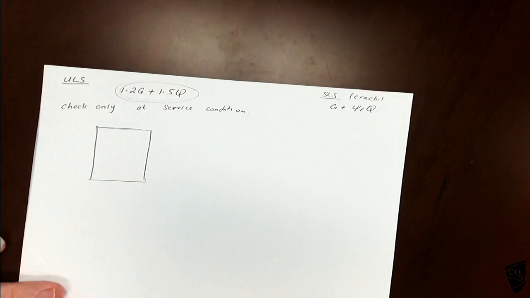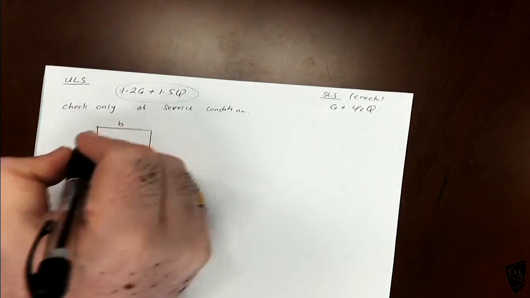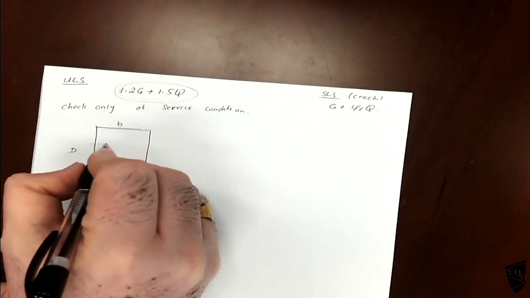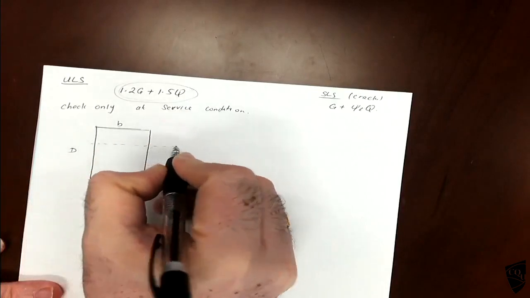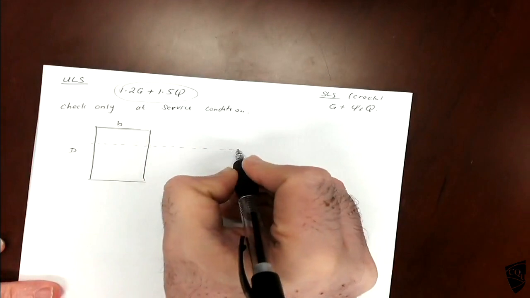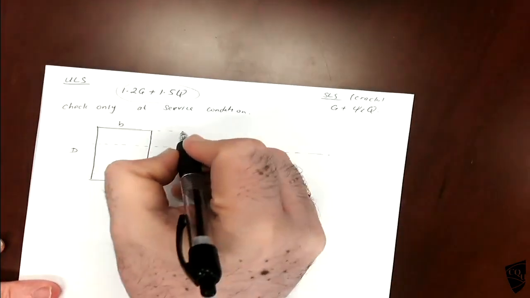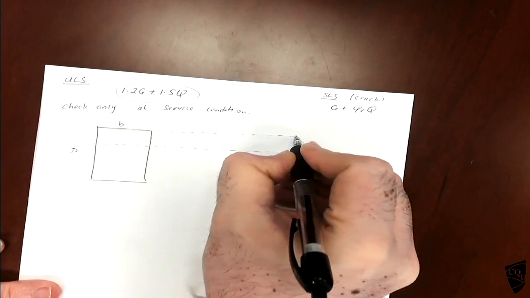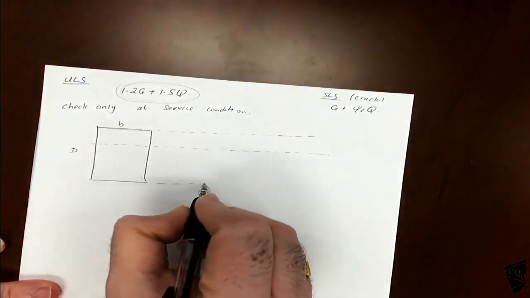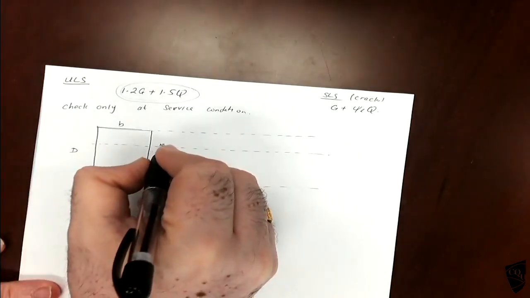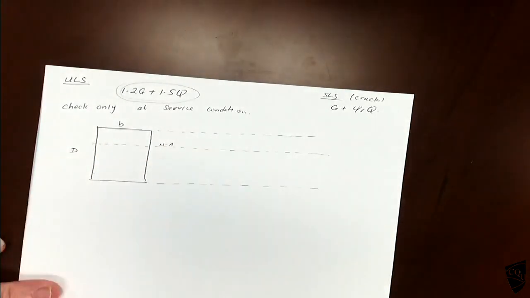So this is the ultimate case, this is B, this is D. So the neutral axis will be somewhere here. It does not pass through the centroid. Okay, the neutral axis will not pass through the centroid. It is the ultimate case. So this is the neutral axis.